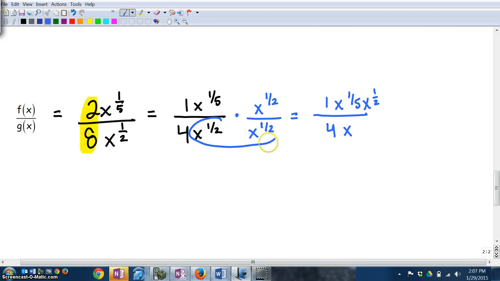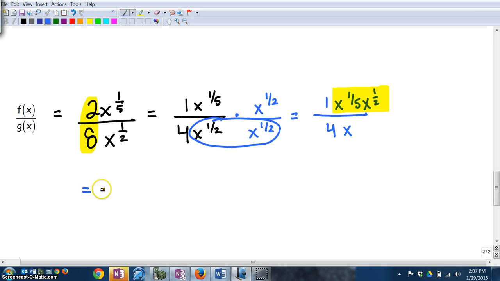Remember, these combine to 1x to the first power. So now these guys here, you can go ahead and add your exponents. 1/5 plus 1/2, and that is the same thing it was before in the other problem, which is 7/10.